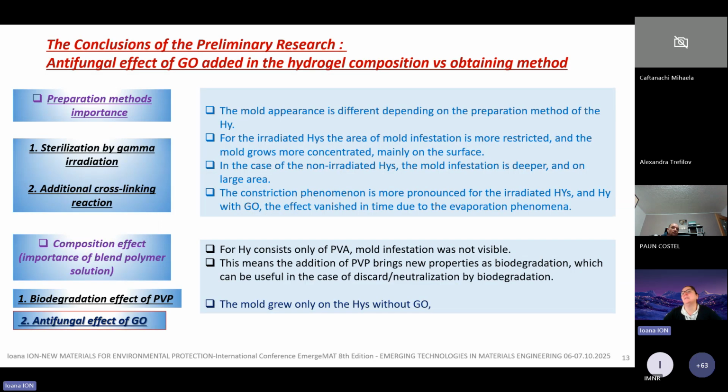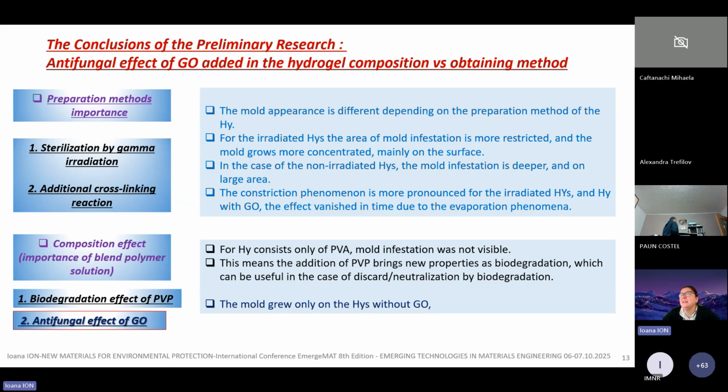In the end, the conclusion of this preliminary research was that the preparation method is important. If you tune the method and the composition attentively, we can tune the final properties of the hydrogel.